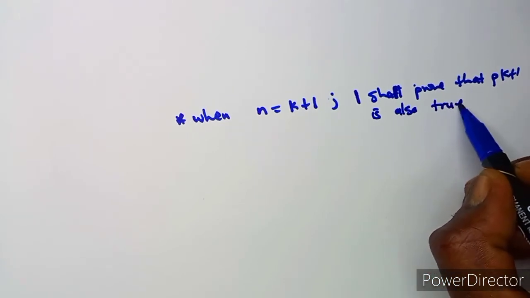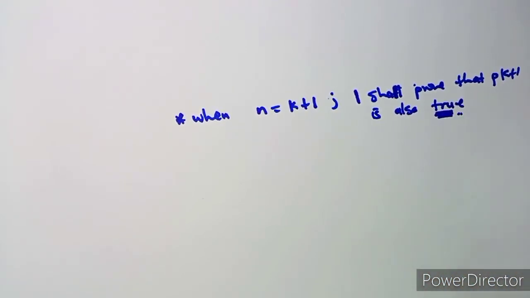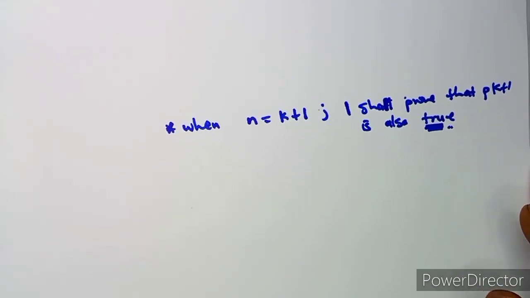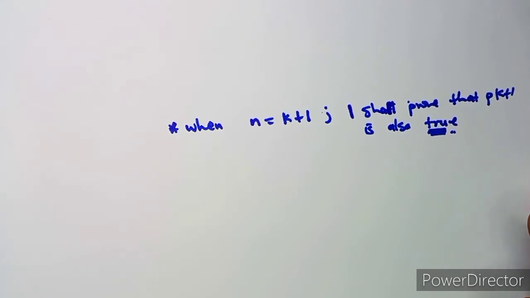So this is the part where you are to play the major role of mathematical induction, because you are the one now who is to prove all those statements. You are not proving anything, you are just substituting. Now you are the one who is proving.